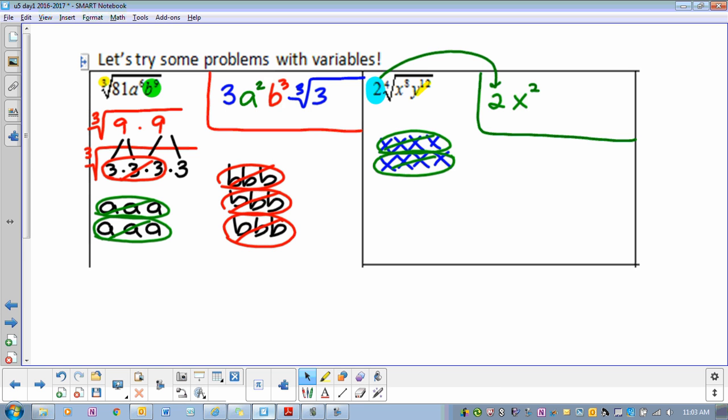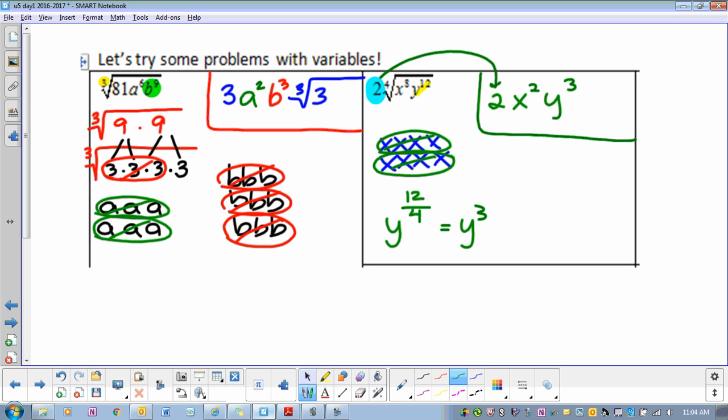Okay? So really, it's like you're saying y to the 12 over 4, right? Isn't that power over root? Y to the 12 over 4? Yeah? And 12 over 4 is 3. So there you go. Okay?